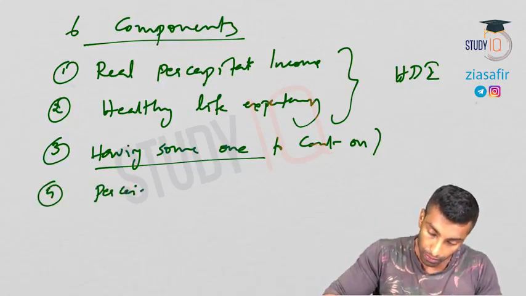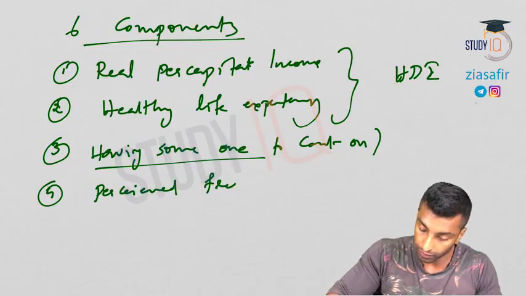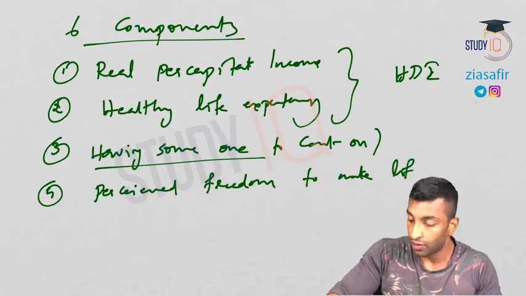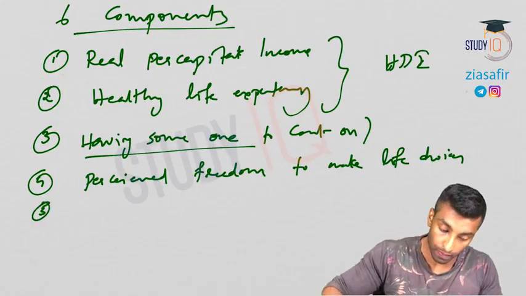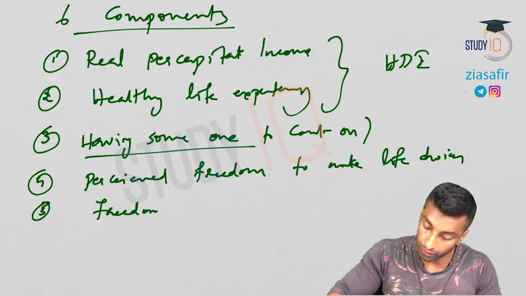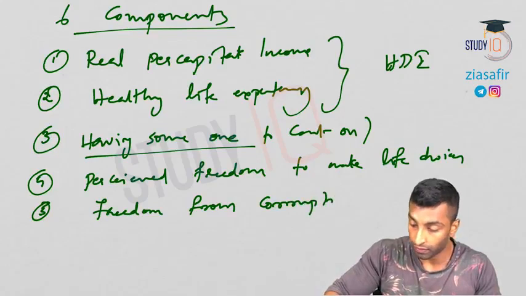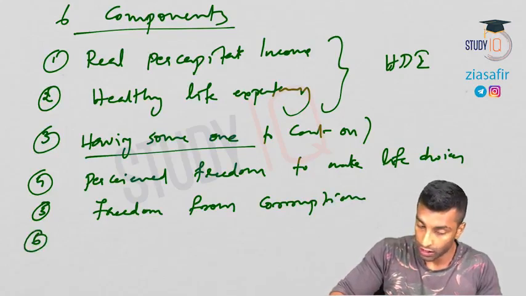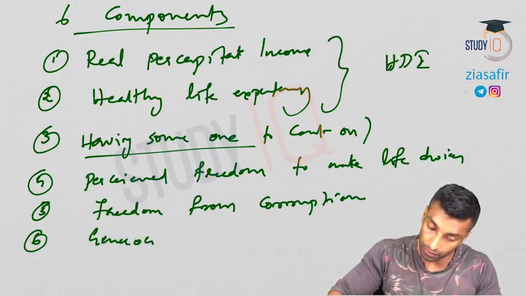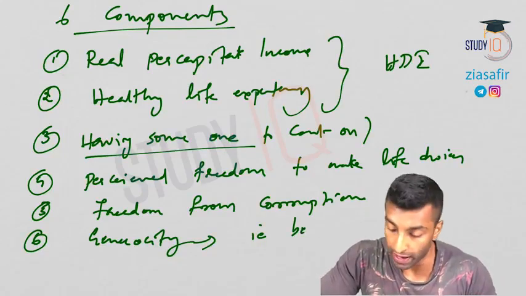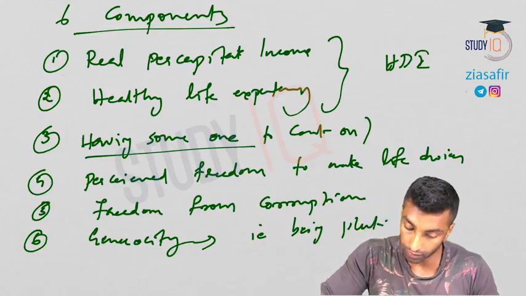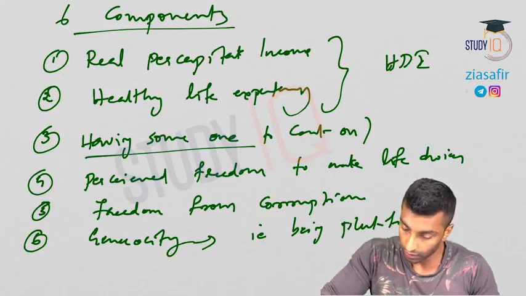Fourth one, perceived freedom to make life choices. 5, freedom from corruption. 6, generosity, that is being plentiful.